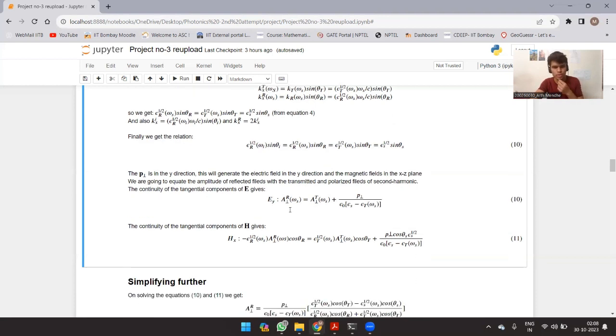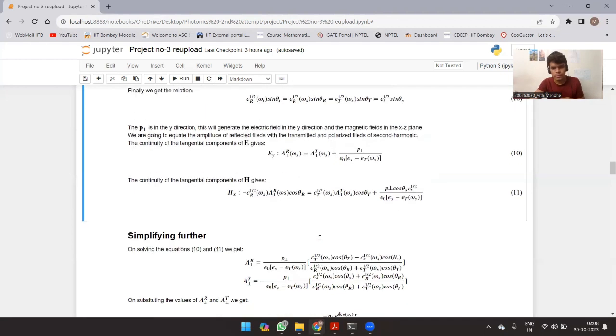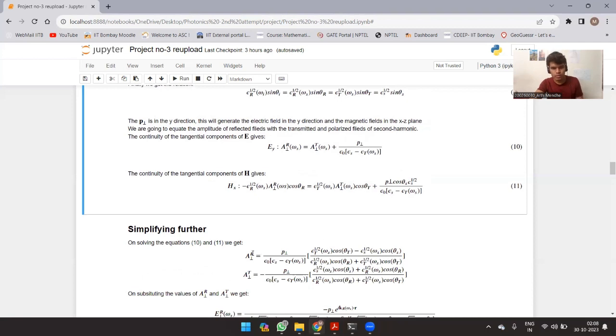With Cramer's rule, we get AT and AR in terms of the other coefficients, and this is what we get, proportional to dielectrics multiplied by their respective cos thetas. This times T perpendicular upon epsilon naught s minus epsilon naught T of omega s, right? We get AR and AT.